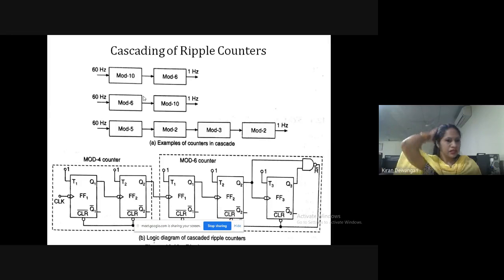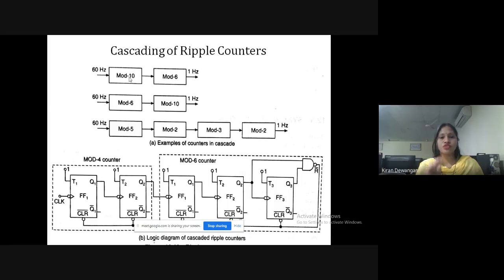Now here, since we are giving 60 hertz of frequency initially, and when we are giving it to a mod 10 counter, it will have exactly 10 states. Mod number defines the number of states the counter has. That is, it will work only for 10 states.